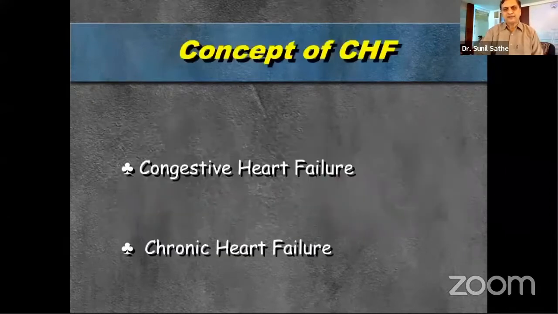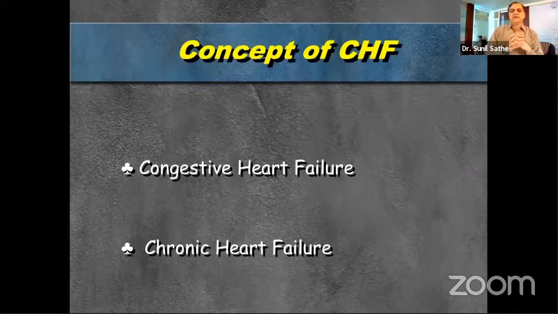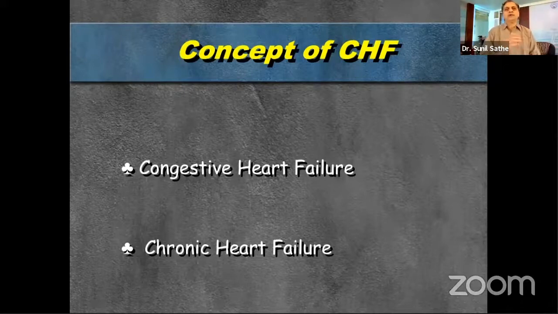Before going to optimization, you must know the concept of treatment. In a patient with heart failure, there are two aspects to the management. One is the congestive phase, and the other is chronic heart failure, where we are basically looking at mortality. In the congestive phase, patients may be admitted, or maybe on OPD basis, but we are treating their congestive symptoms. While in chronic heart failure, we're looking at all the drugs which actually reduce mortality and hospitalization.